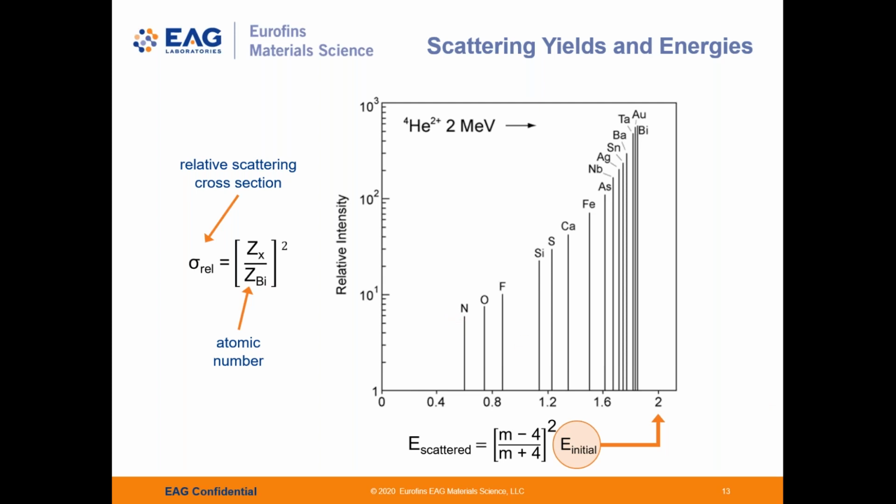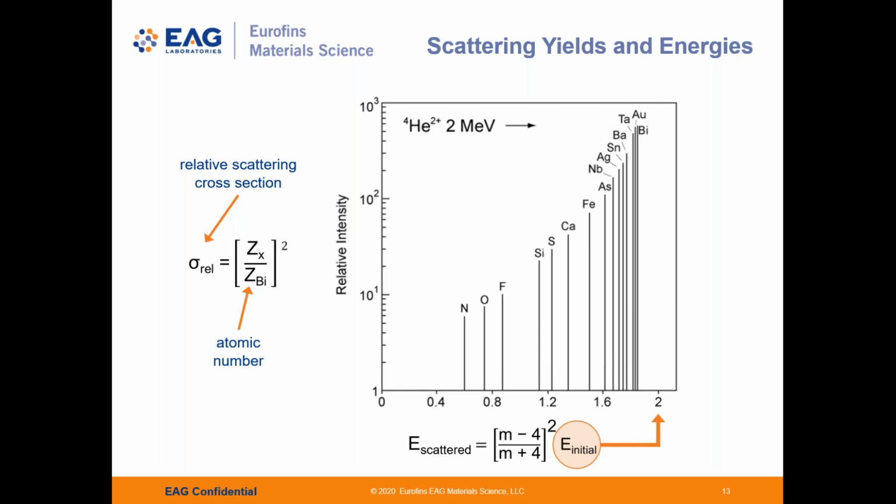The essential quantitative relationships between the backscattered energy, that's E-scat, and mass, and also the scattering cross sections with atomic number, denoted by Z, are shown above. They are simplified from the actual equations of elastic kinematics and scattering cross sections, which are more involved, so these simplified forms are easier to show here.